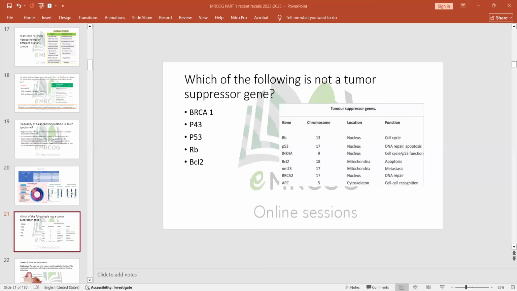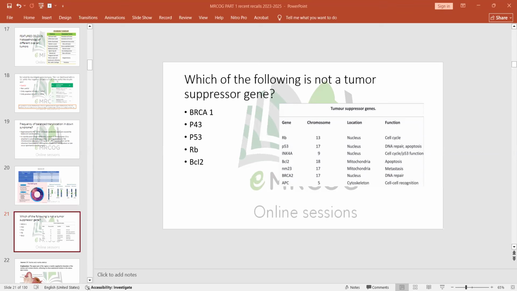And P53 is really, really important in endometrial cancer and also in ovarian cancer somehow, but now it's having a huge importance in vulvar cancer, especially the one that is not associated with HPV.